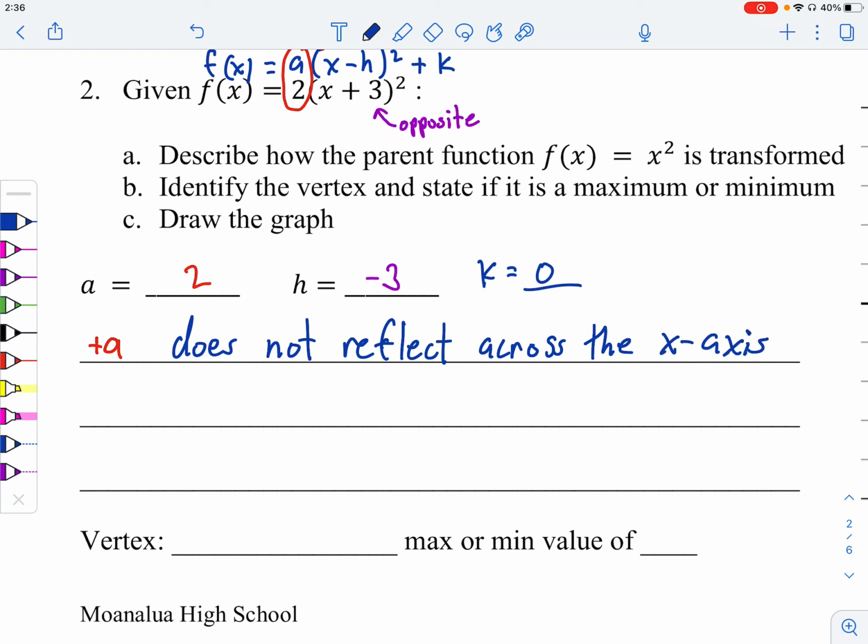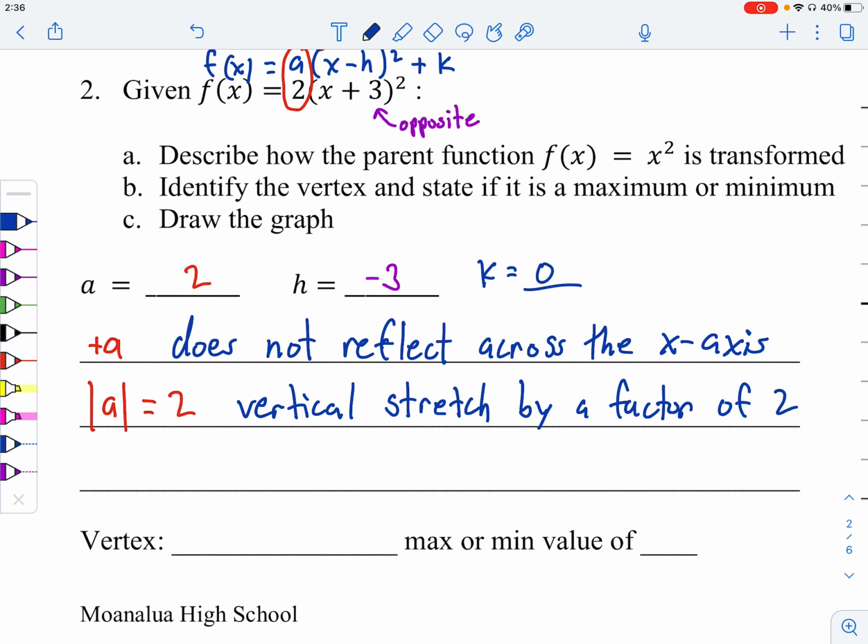Then we take the absolute value of a, which is 2. If you multiply every number by 2, it doubles and gets larger, so we call it vertical stretch by a factor of 2. If it was less than 1, it gets smaller, so we call it vertical compress.